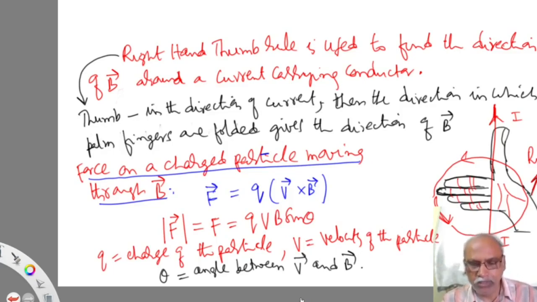Then the fingers of the right hand palm, the way the fingers are folding, that gives the direction of magnetic lines. If you want the magnetic field at this point, you have to draw a tangent at that point. So at this place, the magnetic field is along this side, along the tangent, B bar.